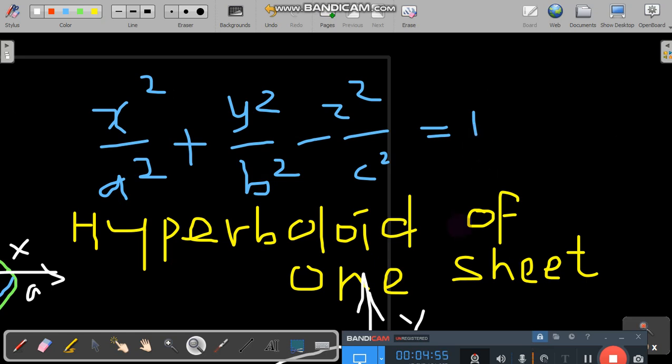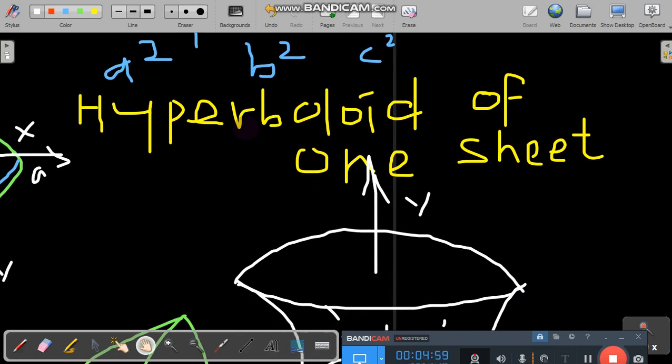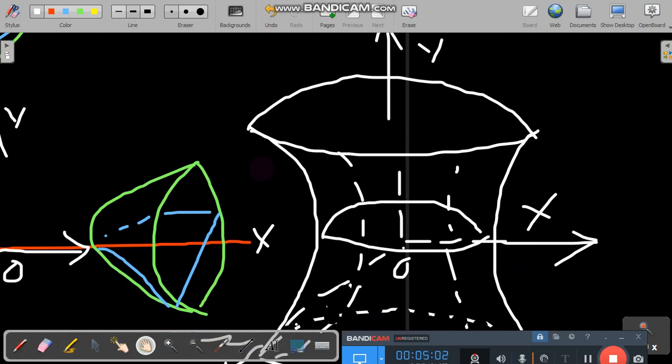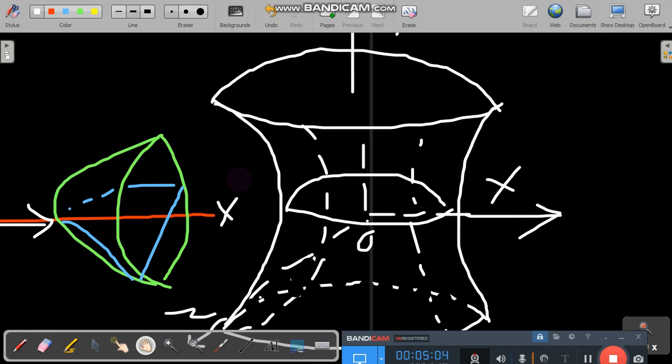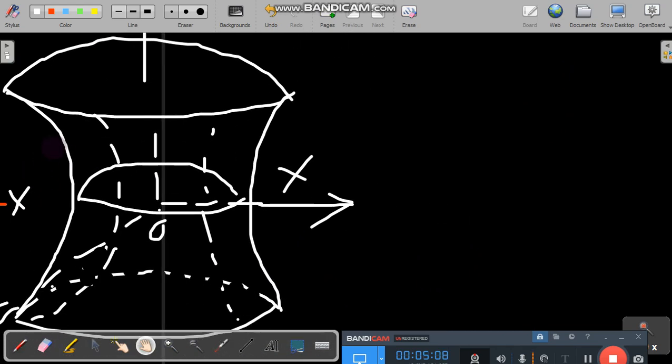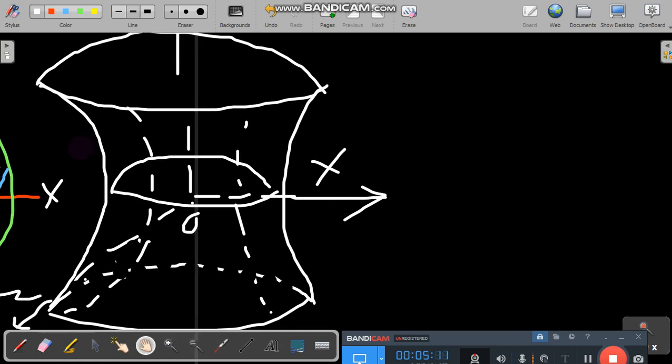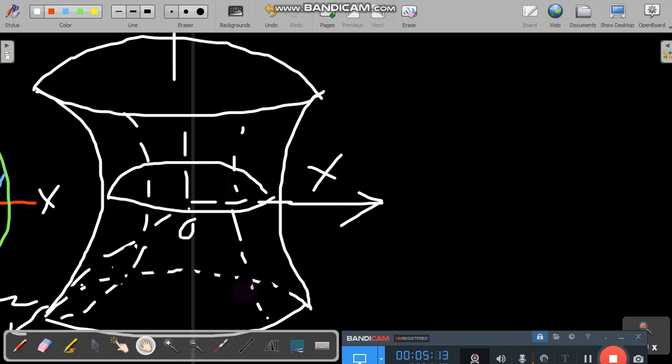The set of points satisfying this we call a hyperboloid of one sheet. If you plot the set of points on a three-dimensional graph, what you get is this white-colored picture. This is what we call the hyperboloid of one sheet.